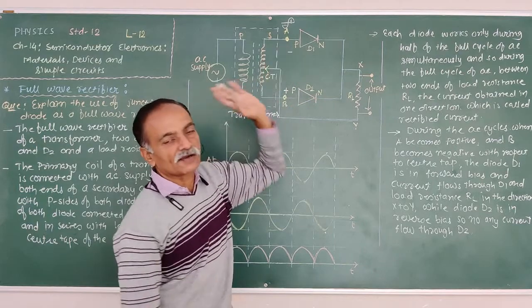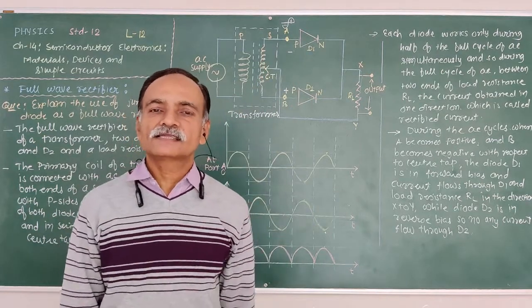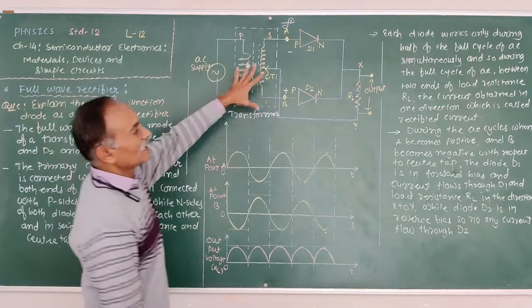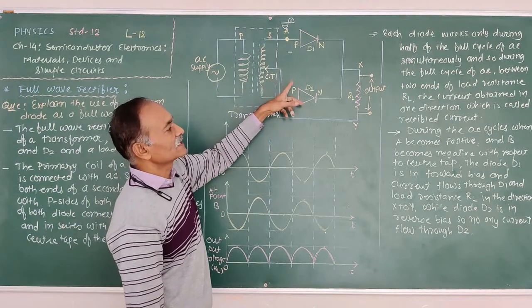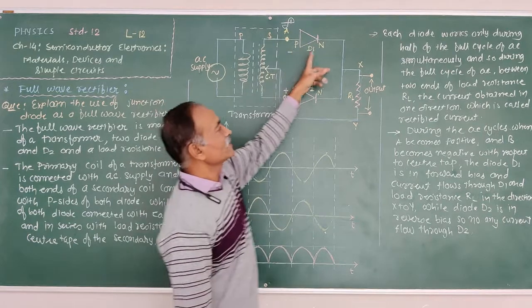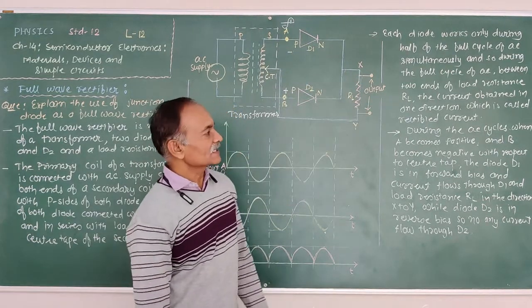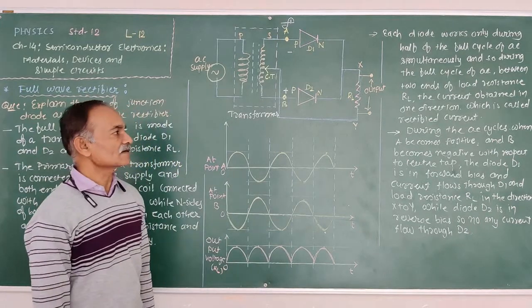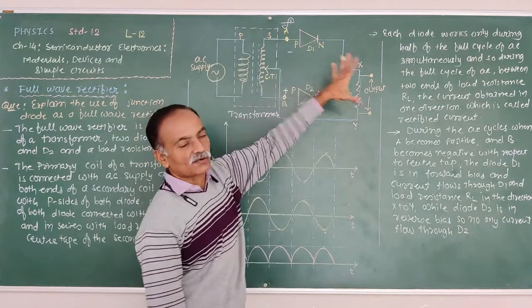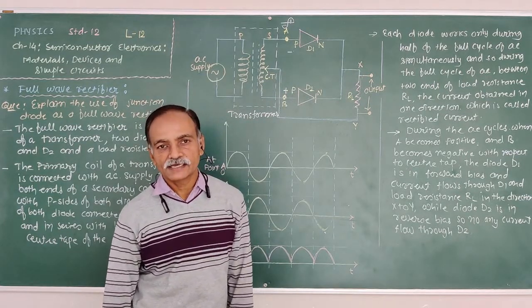During the full cycle of AC signal, only during the half cycle any one diode works.